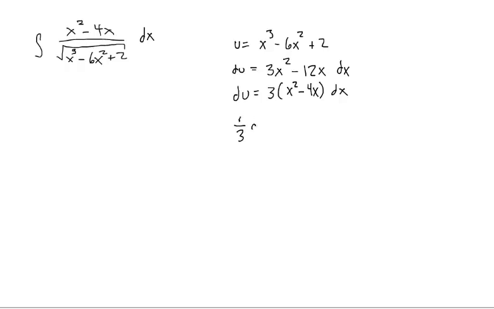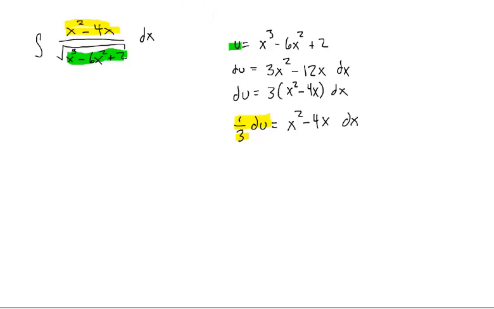So I'm going to say 1/3 du is equal to (x squared minus 4x) dx. And now when I do my substitutions, x squared minus 4x dx gets replaced with 1/3 du, and everything inside the square root gets replaced by u.